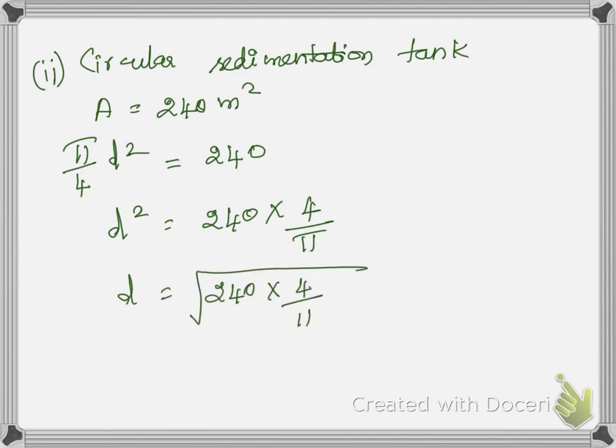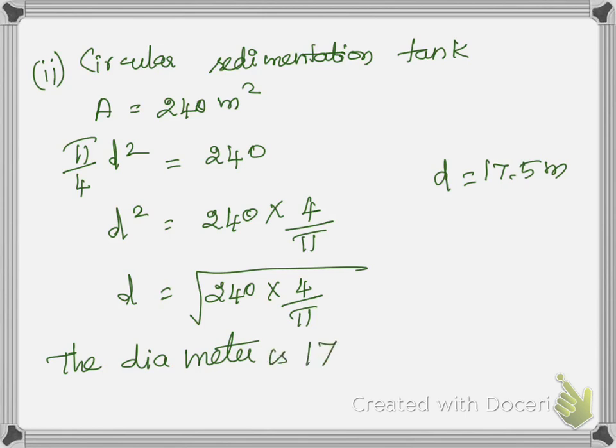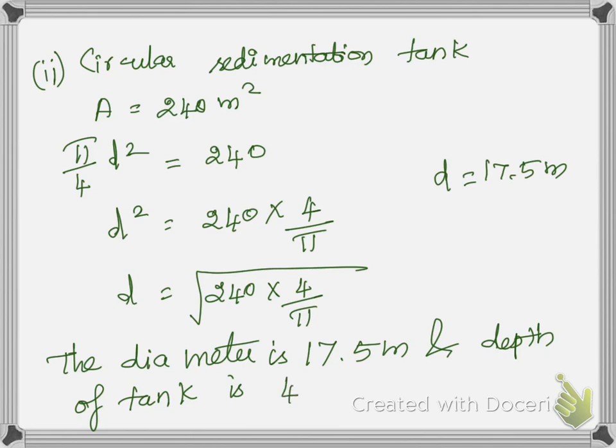So my d is 17.5 meter. The diameter of the circular tank will be 17.5 meter, and you have to write the depth also. The depth of the tank we have calculated already, that is 4 meter.